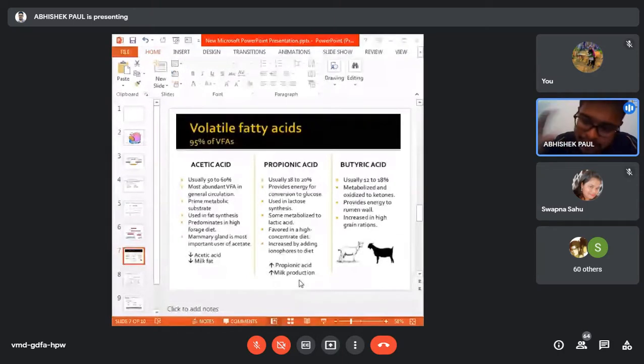Lactose is a major osmolarity factor in the milk. Water follows the lactose: whichever direction the lactose moves, the water also follows it. So lactose controls the osmolarity of the cell.